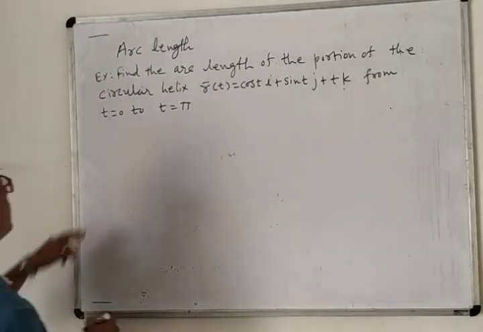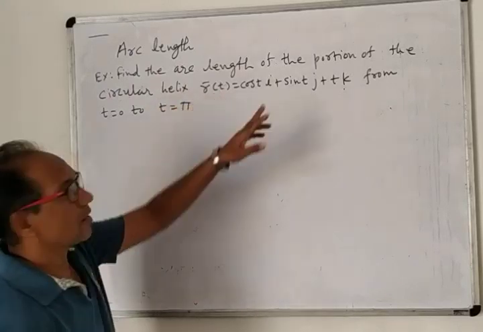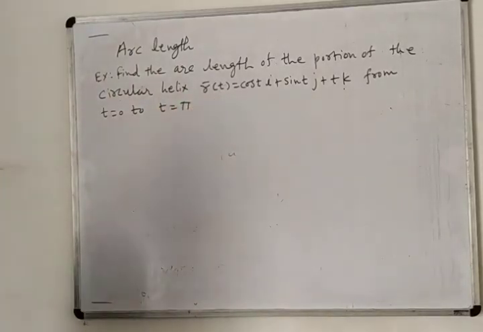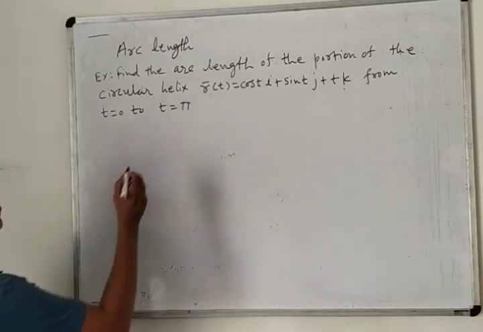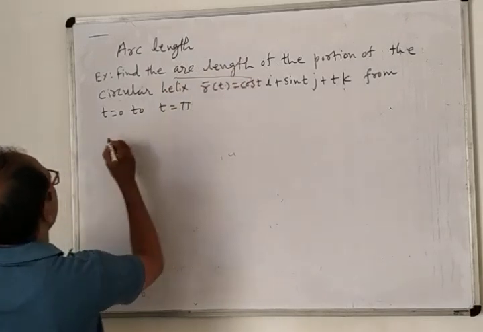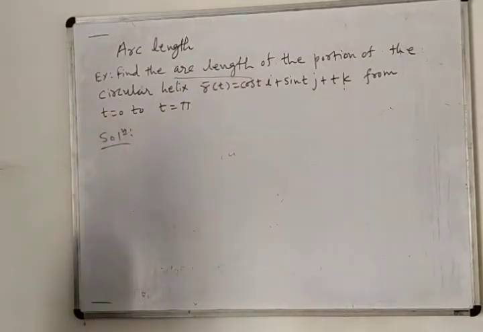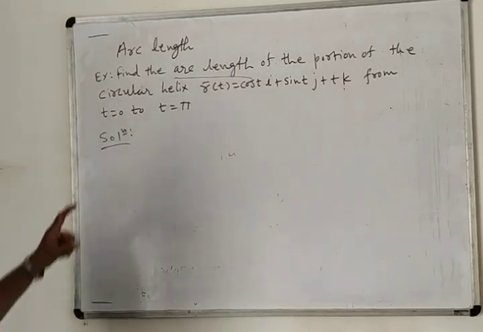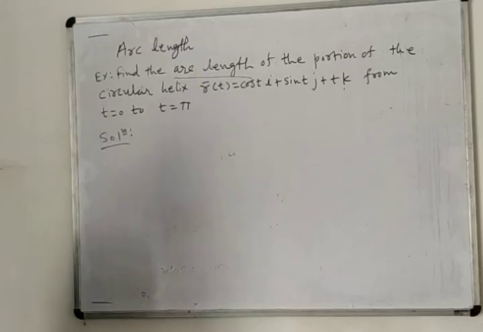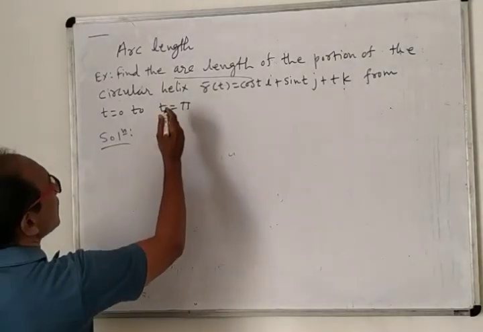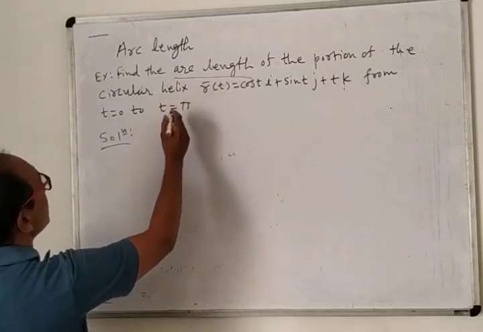Here helix is the name of this arc. Whatever arc we get in three dimensions is known as a circular helix. Now what do we want to find out? We want to find the arc length. So in the solution, as I have explained to you, to get the one mark theory, first of all write down what is given.